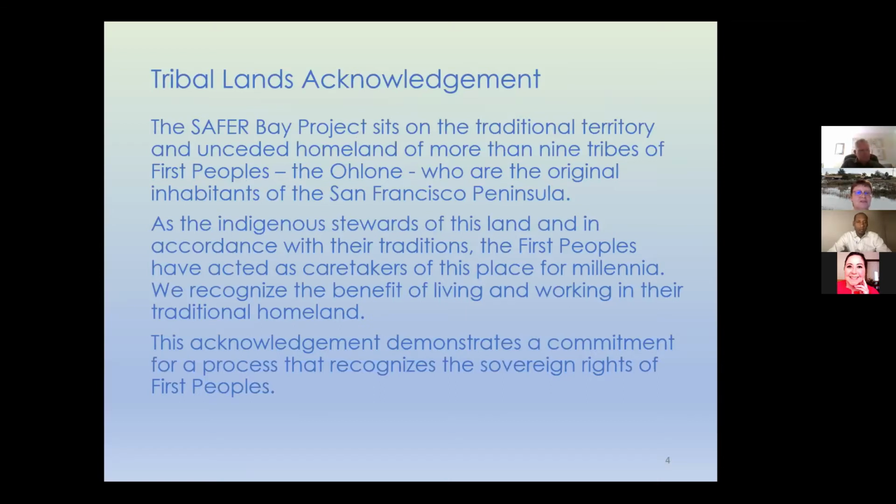As the indigenous stewards of this land, and in accordance with their traditions, the First Peoples have acted as caretakers of this place for millennia. We recognize the benefit of living and working in their traditional homeland. This acknowledgement demonstrates our commitment to a process that recognizes the sovereign rights of First Peoples.